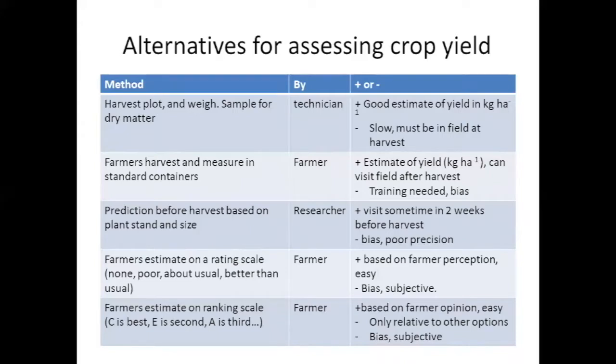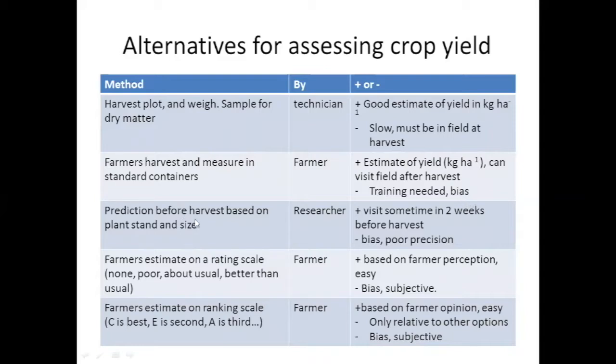And if you then weigh a few of the bags, you can work out how many kilograms are in a bag, and so you could still get an estimate of yield. But farmers are doing the measurement, and they're not weighing it; they're measuring in a bag or some other kind of container. So there's some advantages in that. The disadvantages are that farmers will need some training, and there's possibility of bias.